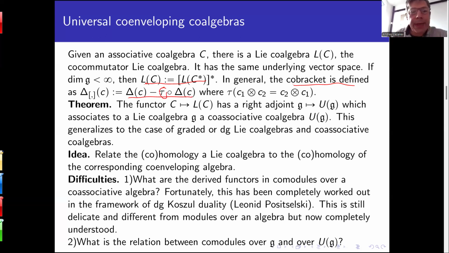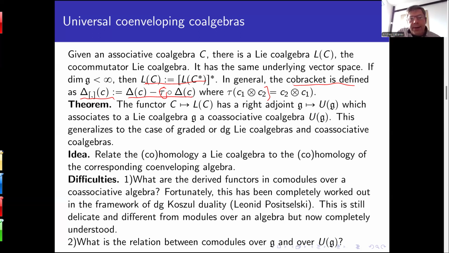The endomorphism tau is defined like so. It's just swapping the two tensor factors, and one can show that this formula defines a Lie coalgebra bracket on C.